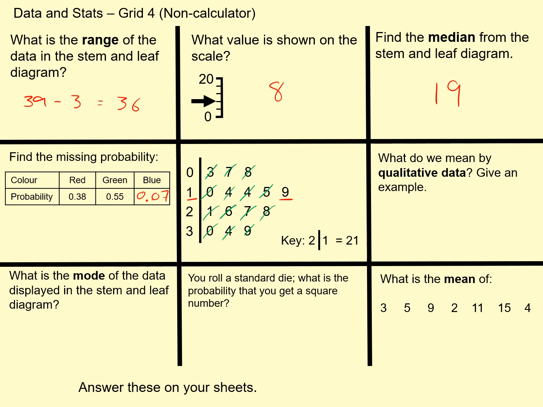Next, what do we mean by qualitative data, and give an example? Well, qualitative data relates to anything that describes a quality. So say if I was to take a survey in the class of everyone's favorite color, that's qualitative data because it's non-numeric. It's something to do with the quality of a thing rather than a number relating to the thing.